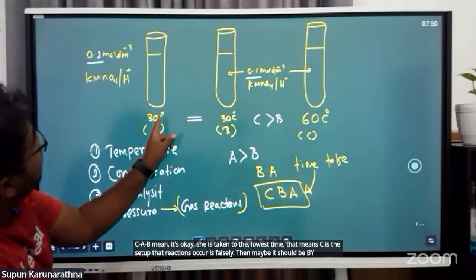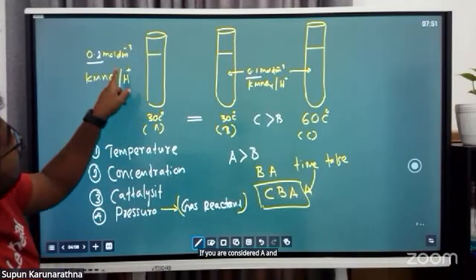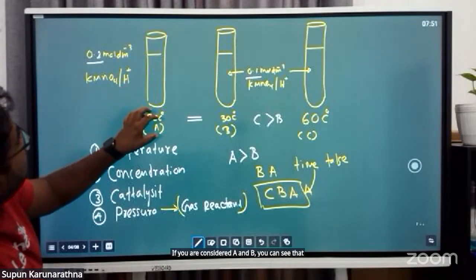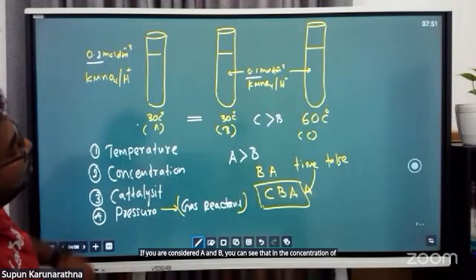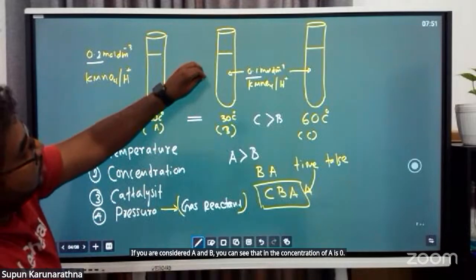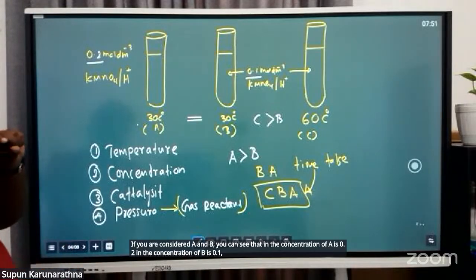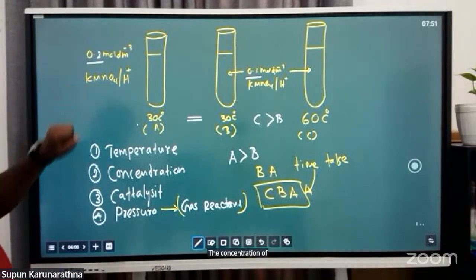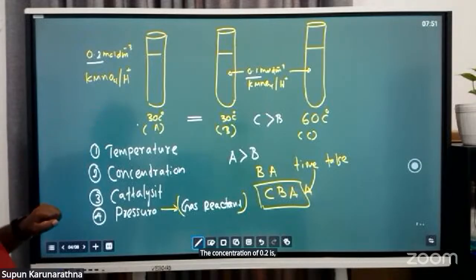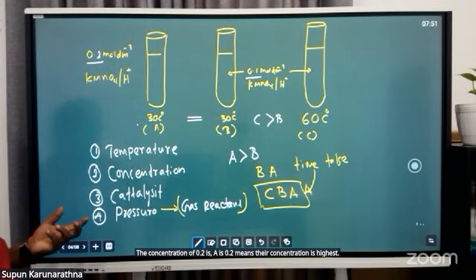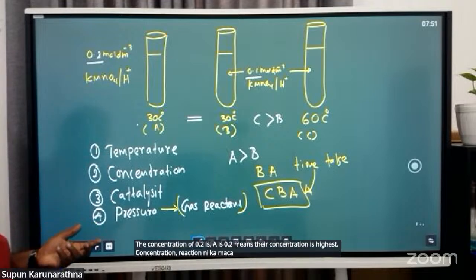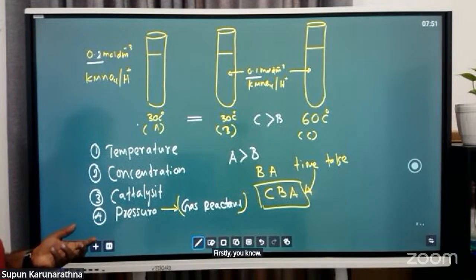If you consider A and B, the concentration of A is 0.2 and the concentration of B is 0.1. A is 0.2, meaning its concentration is highest. What happens to the reaction when the concentration is higher? The reaction becomes faster. So there is a small difference in the time it takes.